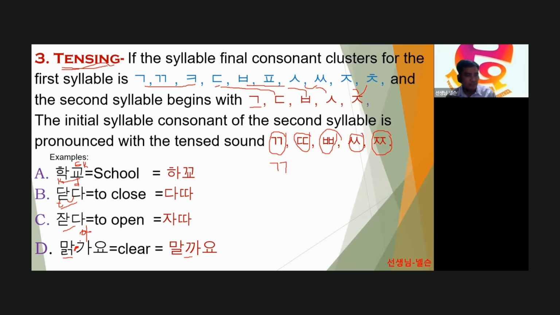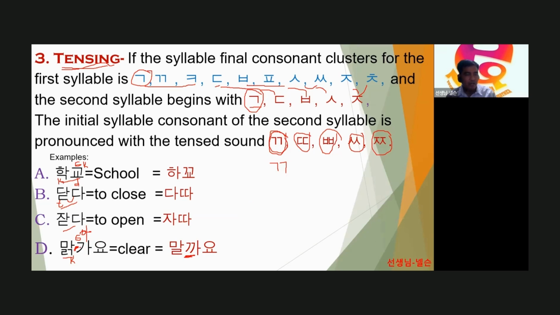So instead of gayo: when this character is used as an initial consonant it has the ga sound, giyok, and when used as a final it has the uk sound, or ka. But in this case we use tensing, since the same characters meet. So the pronunciation instead of gayo is malkayo. The two identical characters, giyok plus giyok, equal sangyok, or double ka in English.